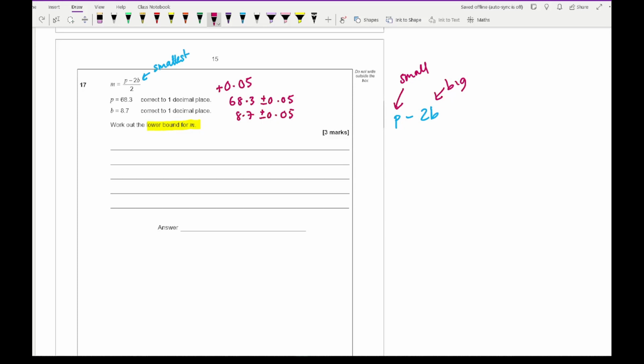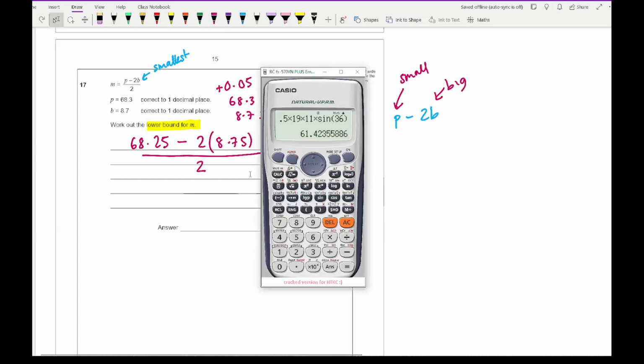Now for p to be its smallest, I'm going to be using 68.25 minus 2 lots of b at its biggest value, which is 8.75, and that's all divided by 2. If I put that into my calculator, I've got the fraction 68.25 minus 2 lots of 8.75, all divided by 2. Press equals, and I get an answer of 25.375.